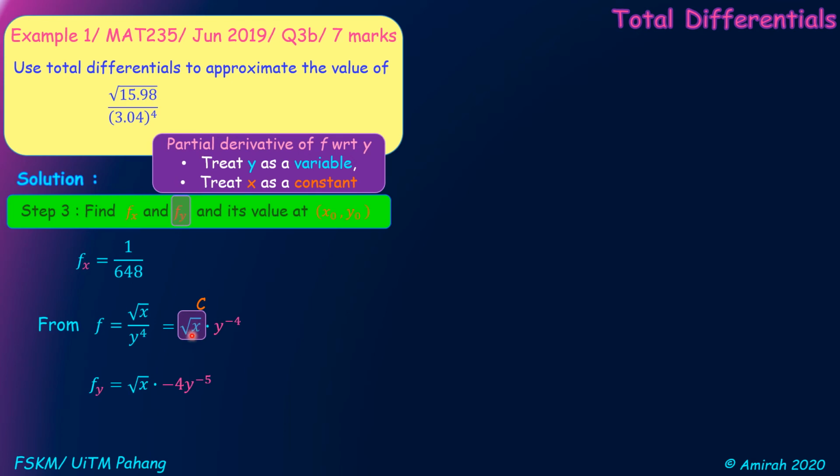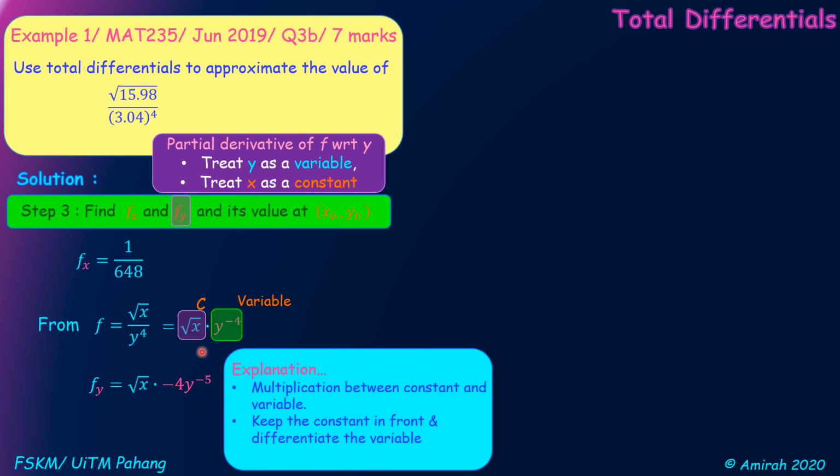Alright, from here, we have square root of x equal to constant because we treat x as a constant, which means square root of x is also constant. And we have y here, which we treat as a variable. When we move up, we get y to the power of negative 4.